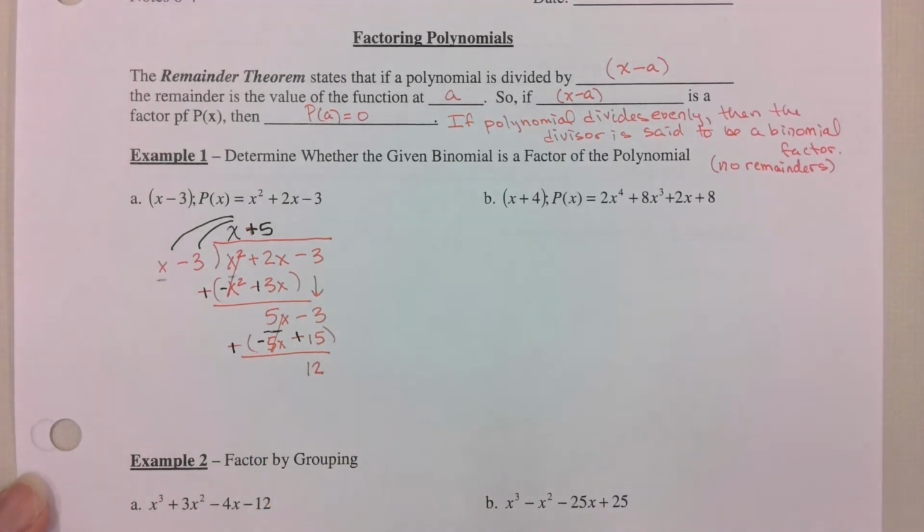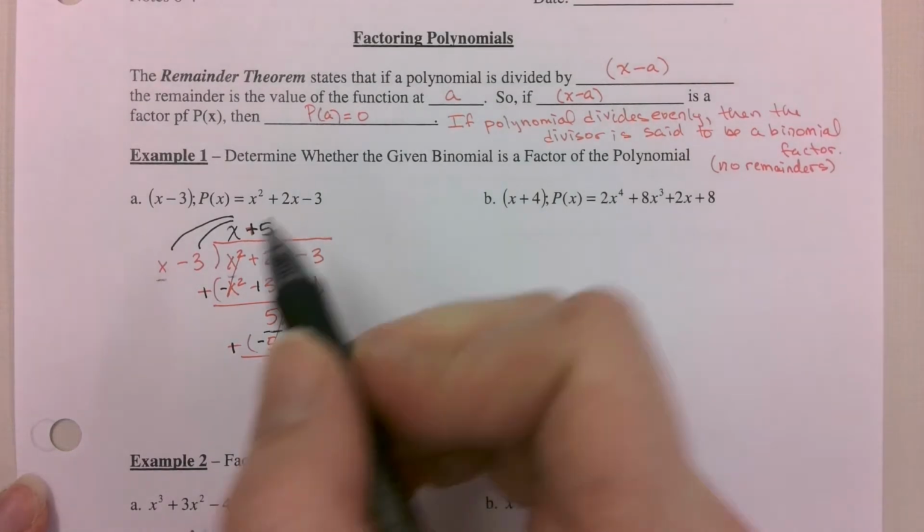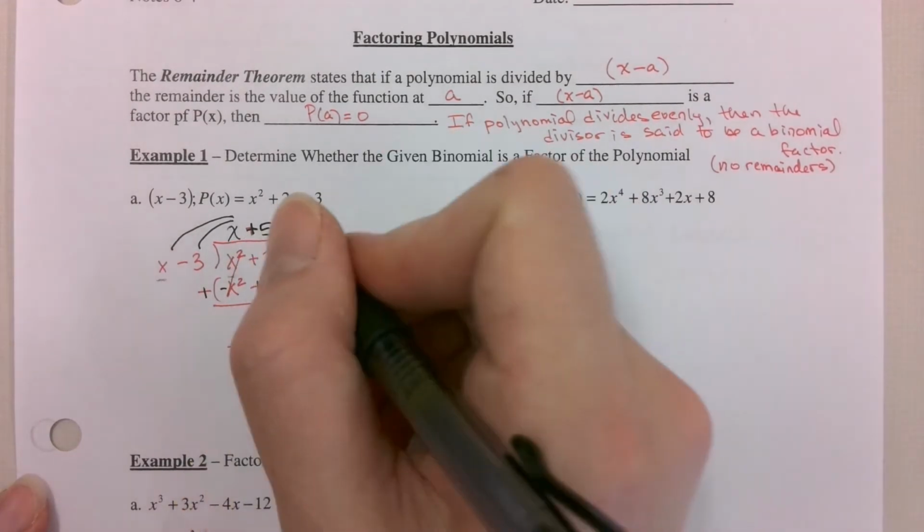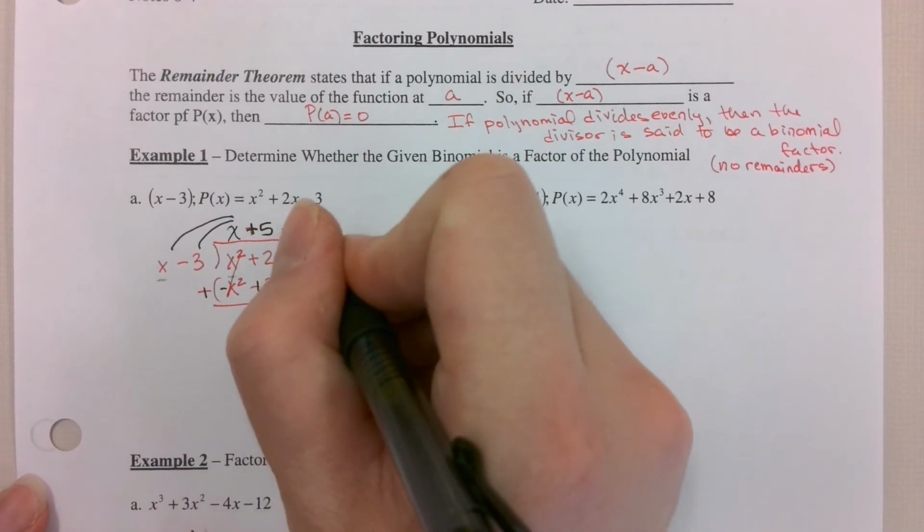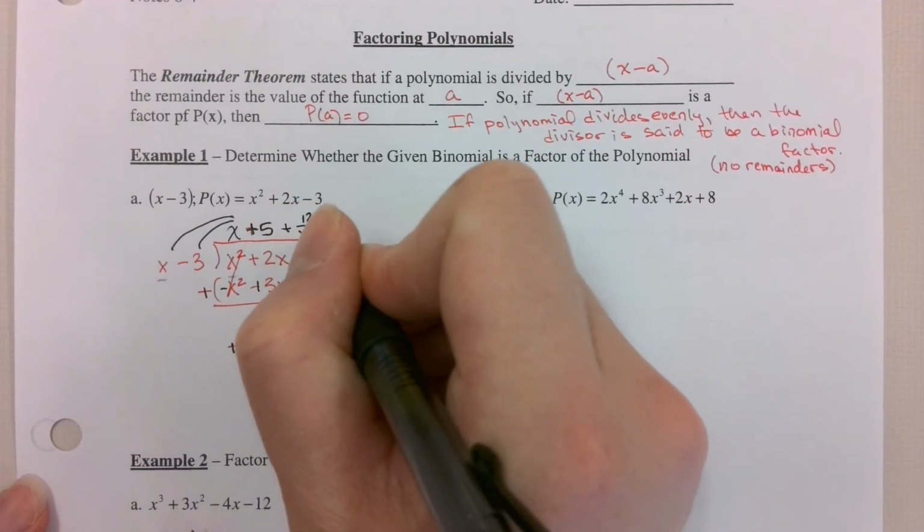Okay, so a couple things. How do I write my remainder? I have my answer, x plus 5, plus 12 pieces of the divisor, x minus 3.